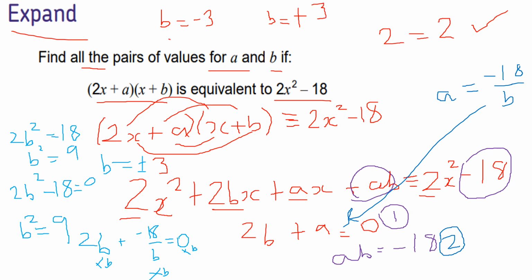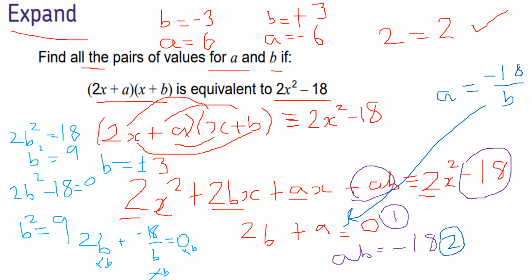Since a times b has to equal minus 18, a would have to equal 6 in one case, and in the other context, a would have to equal negative 6. The reason is that a positive times a negative makes a negative. If the product is minus 18, then one number has to be positive and one negative.